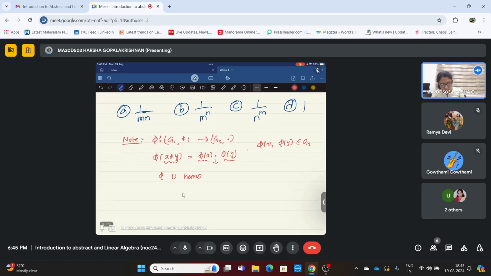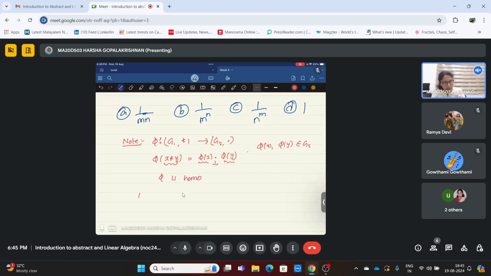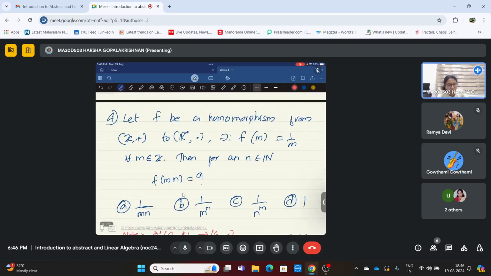And what is an isomorphism? If this phi map is one-one, onto and a homomorphism, in this case we say phi is an isomorphism. So this is homomorphism and isomorphism. Now you know what a homomorphism is, and in the question it is given that the function f is a homomorphism.